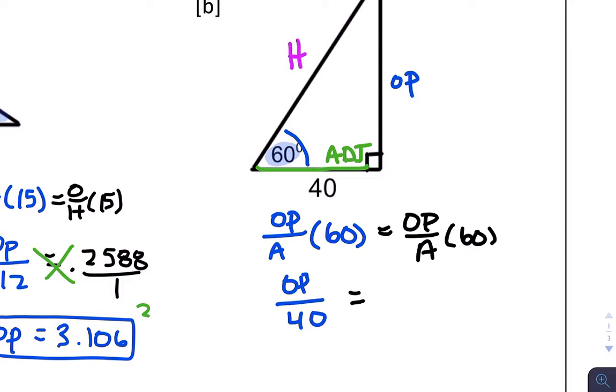And going to my trig sheet, I have to go on the right-hand side because the degree is 60, and then read from the bottom up. And so if I pick the OP column, the O over A column for 60 degrees, reading from the bottom up, I find that that ratio is 1.7321.